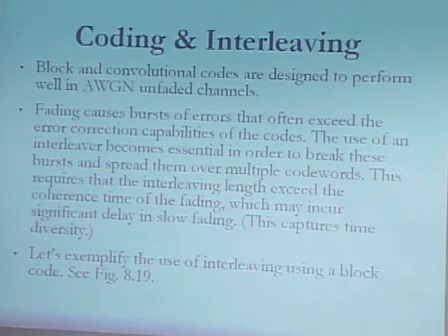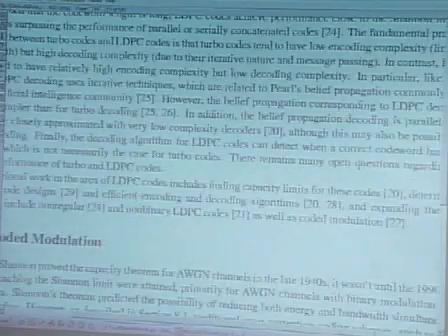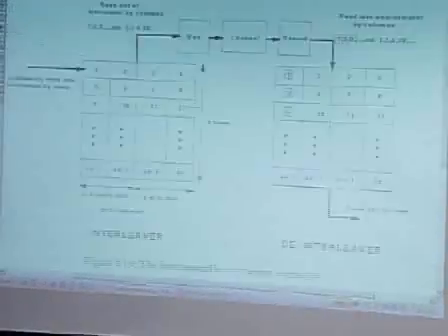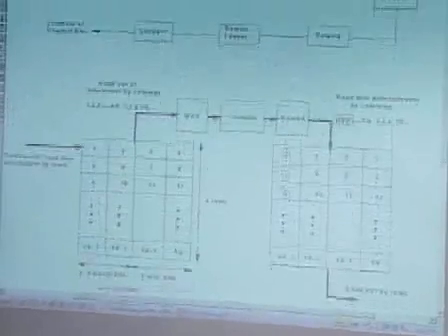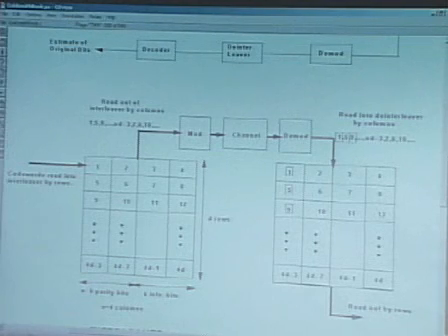Now, here's where it's essential to use an interleaver. So what's an interleaver? We have one in figure 8.19. Okay, here's an interleaver. As I told you before, it just reorders bits.